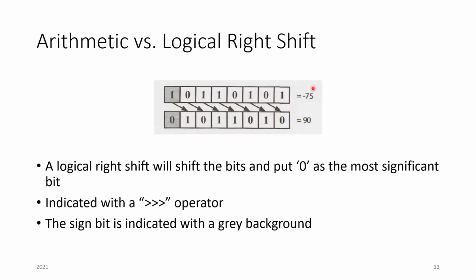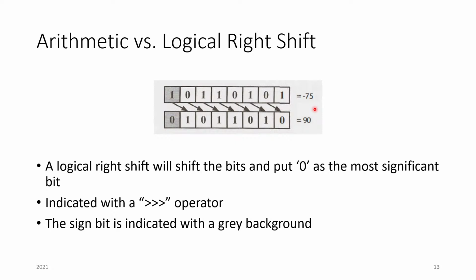And note the difference in results here, where we had -75 for our signed bits. When we do a logical shift right and we have 0 as the most significant bit, we end up getting a result of +90, which is not the same thing as your arithmetic shift. So this is something you need to pay attention to.